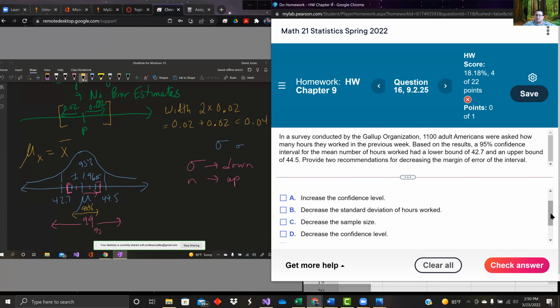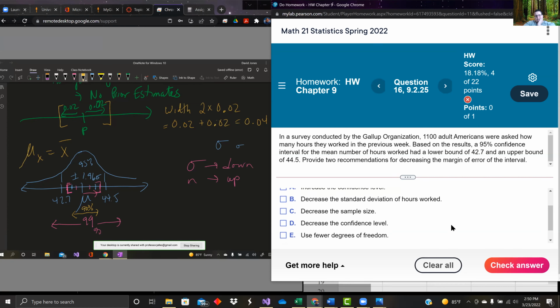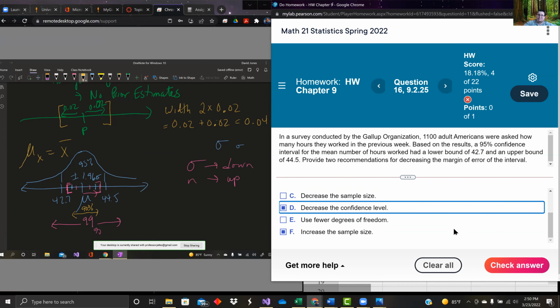So we could lower our confidence level, which isn't usually that desirable, but if you've only got so many options, you only got so many options. So decrease the confidence level and increase the sample size should be our two answers.